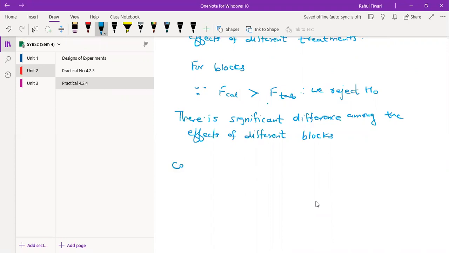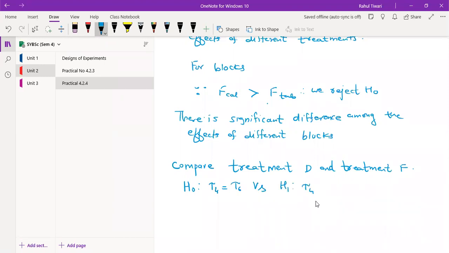Compare treatment D and treatment F. So that means what we were actually testing: H naught, tau 4 is equal to tau 6, versus H1, tau 4 is not equal to tau 6.